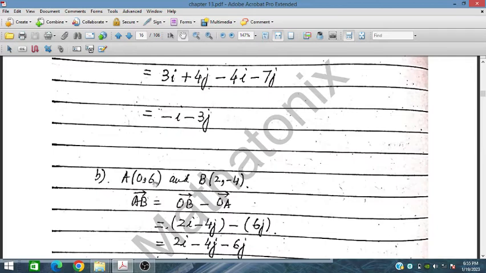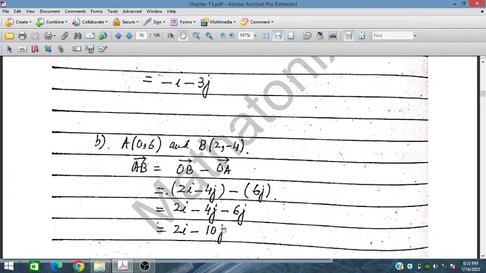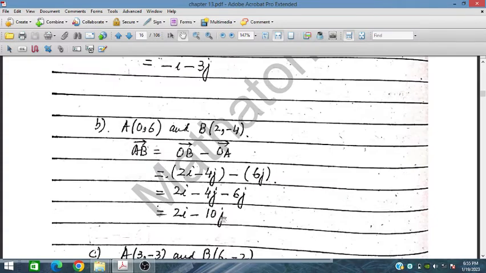Now we have A is 0, 6 and B is 2, minus 4. For OB, this is 2i minus 4j, and for OA, this is only 6j, and the minus sign is here. On subtracting, we have 2i minus 10j. This is AB.